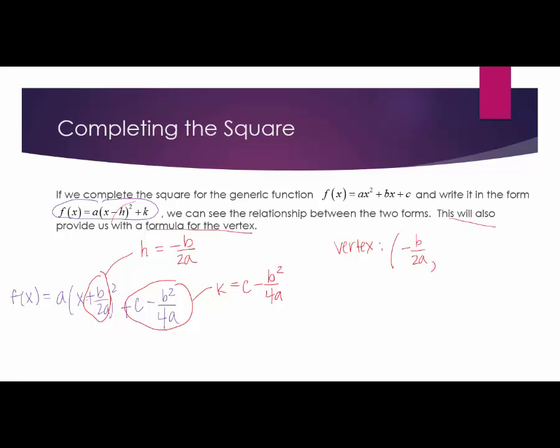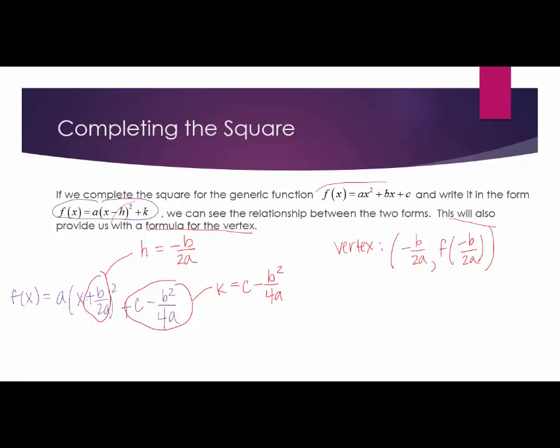Well, a formula for the vertex, my h value is negative b over 2a. My k value is this kind of messy piece, although you know what would make this easier? I can find any y value that goes with an x value by just plugging this back into the function. So it might even be easier if we just go with this, easier to remember. This gives me a formula to always find my vertex.